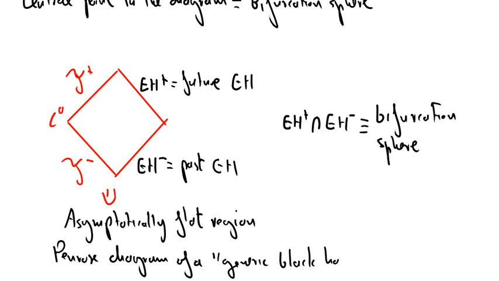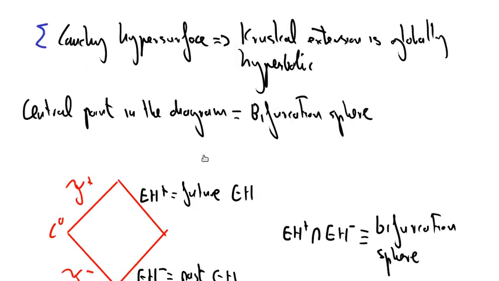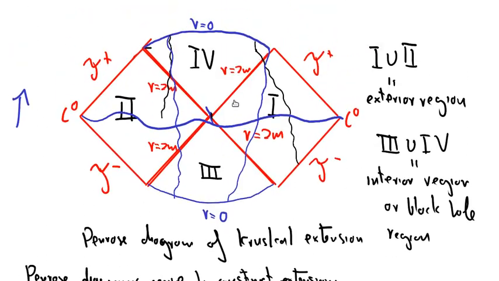So we see that just by looking at this diagram, we can learn a great deal about the global structure of a black hole.